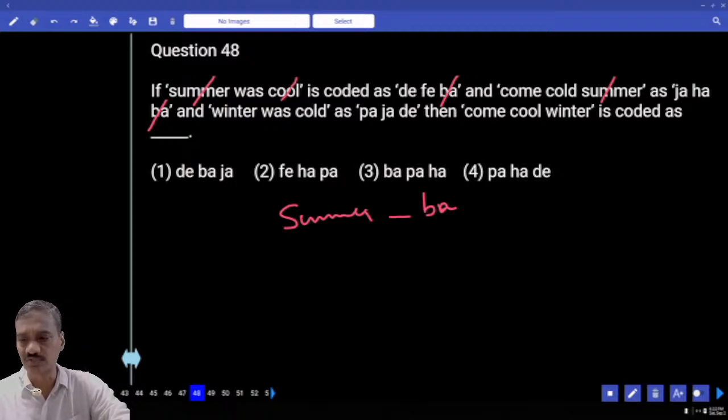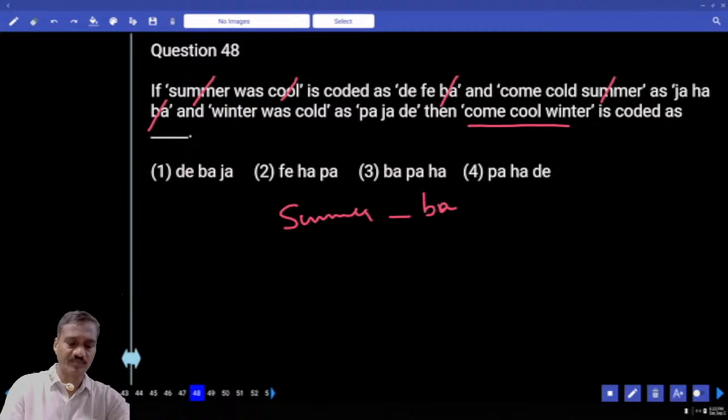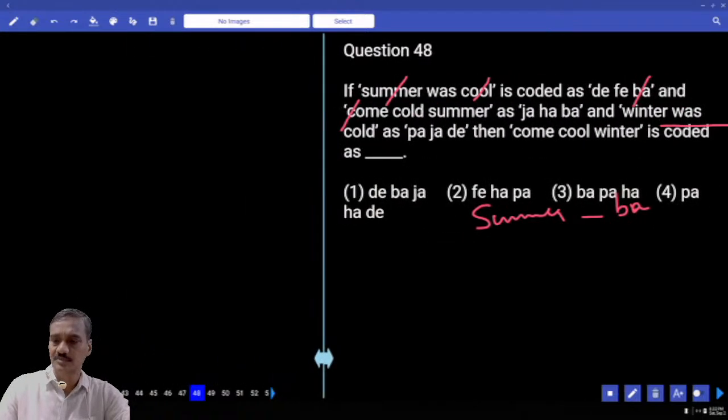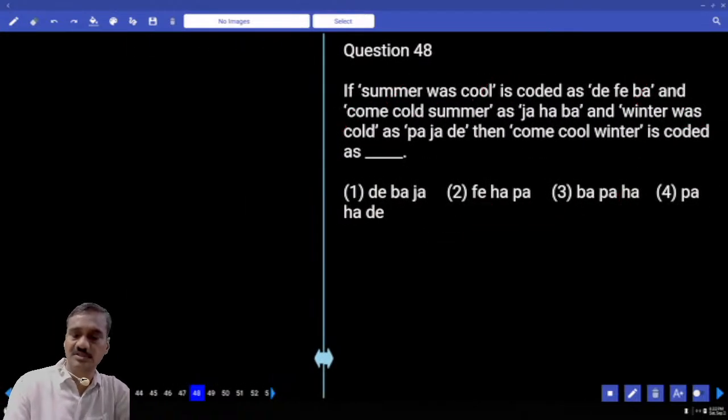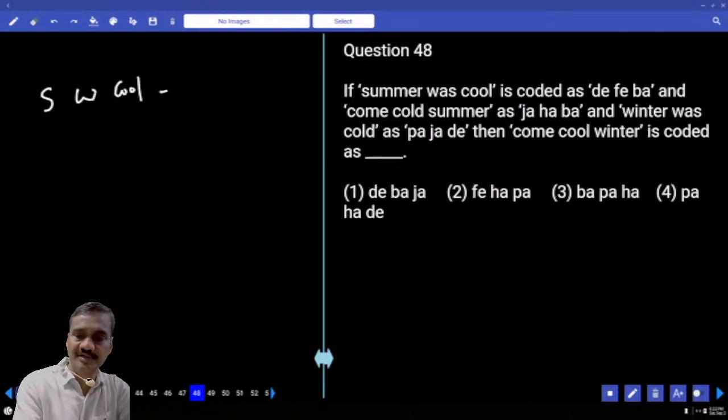Cool, the question is asking about cool. Then was and cold and come cold. Is any word common here? No. Summer was cool, and it is D, F and BA.